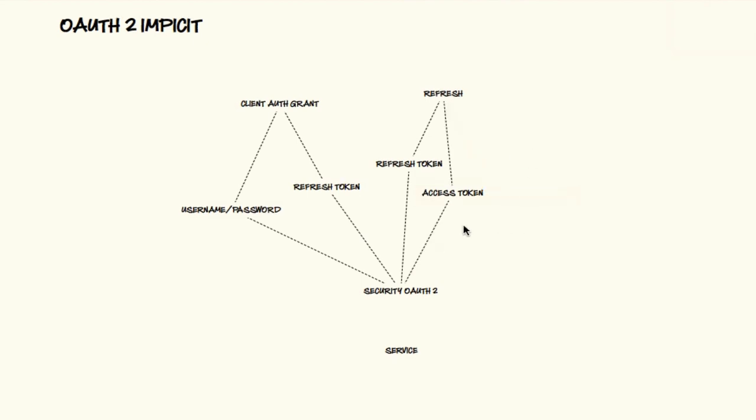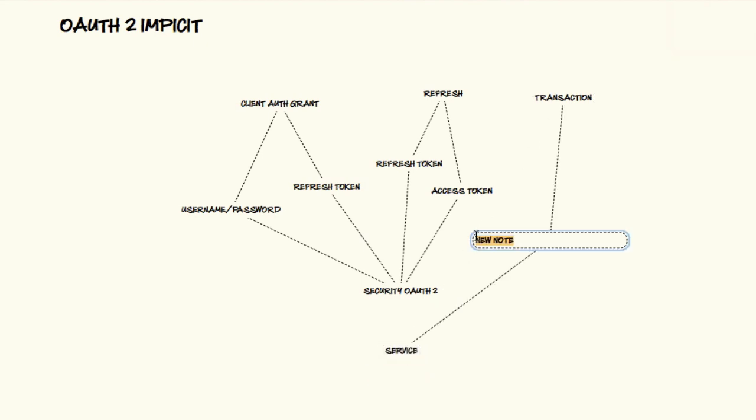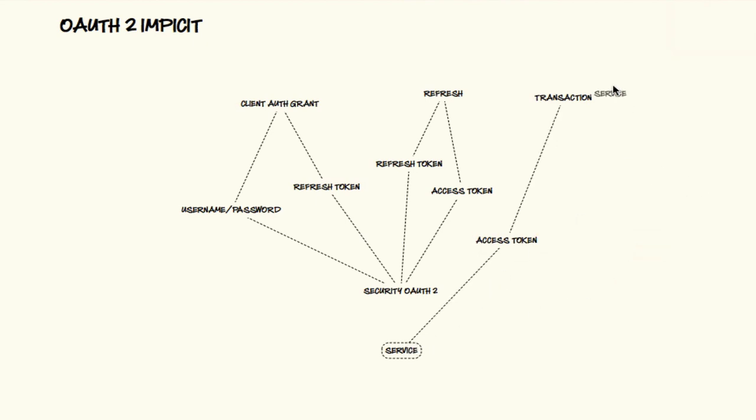So that's the second loop. He gets back the access token, and then finally, let's call this the transaction loop, you can do the transaction to the service, providing the access token. That's the last part, and then of course the response back to him is the actual transaction result.